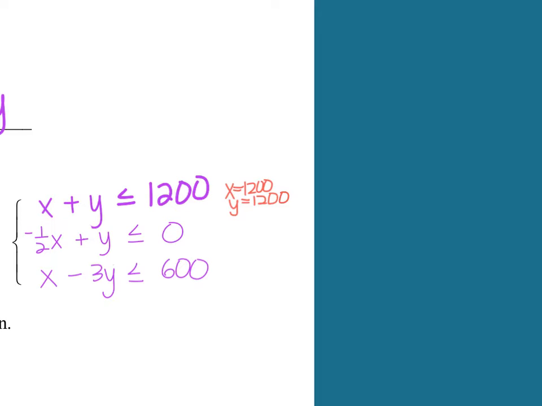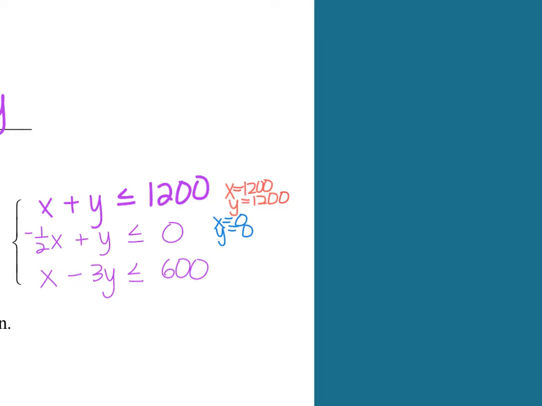But if we did not have a y, x would be 0. And if we did not have an x, y would also be 0. So we're looking at the corner 0, 0. And then we've got x minus 3y equals 600.